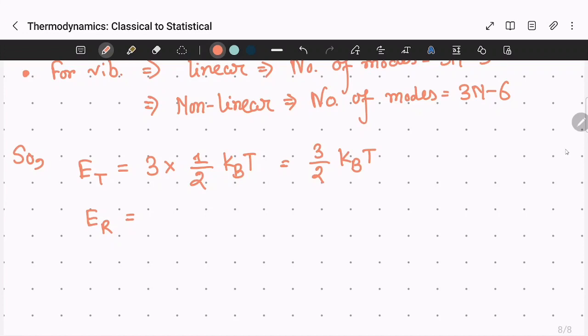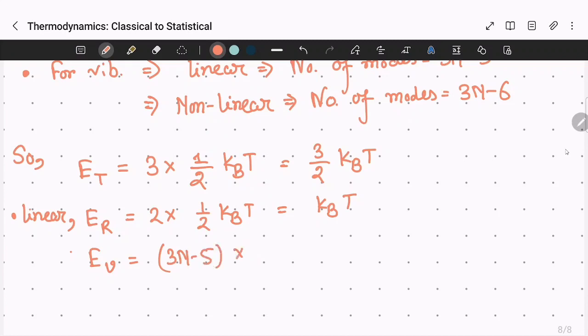If it is a linear molecule, then it will be 2 into half kBT, so essentially it will be kBT. But for non-linear, okay, before that, for a linear molecule, E vibration will be 3n minus 5 into half kBT.